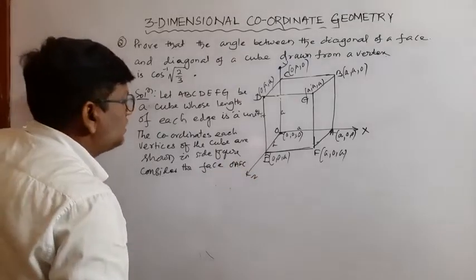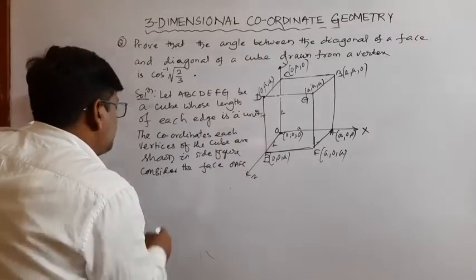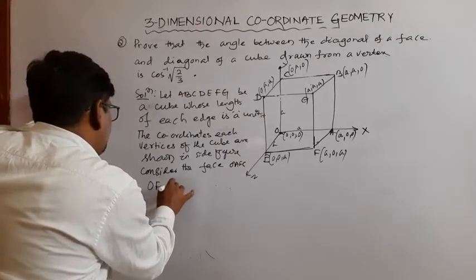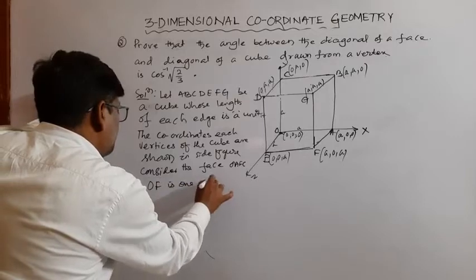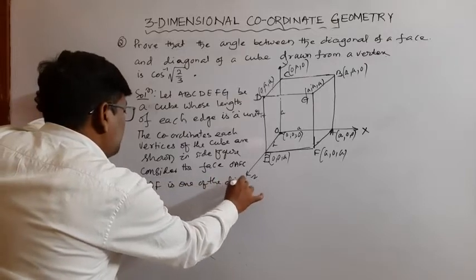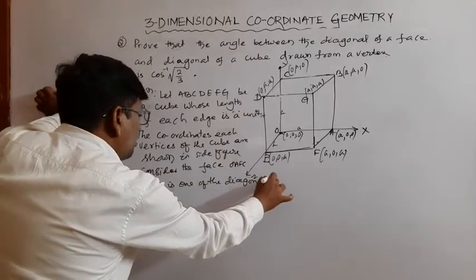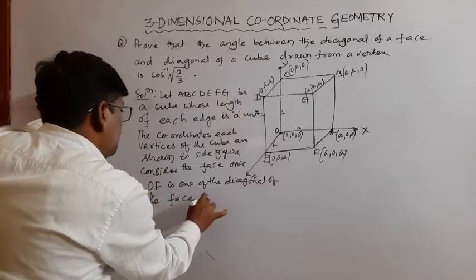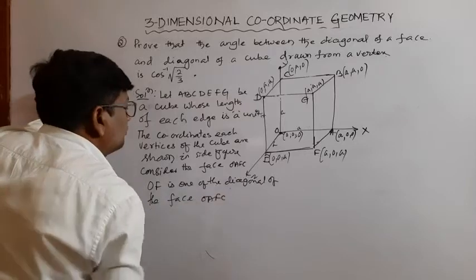Now OC is one of the diagonals, and OF is one of the diagonals of the face OAFC.